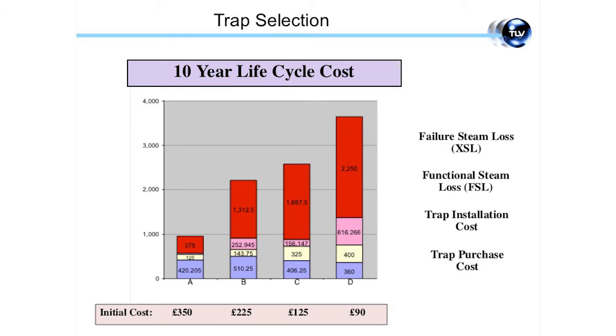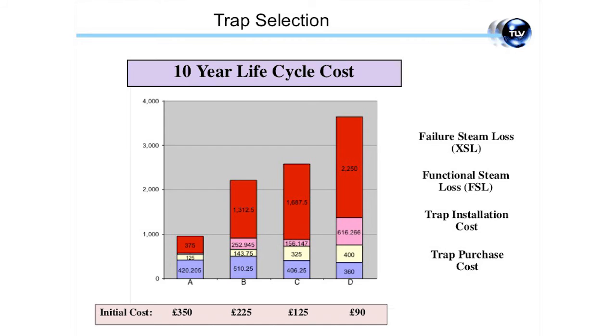If we look over a life cycle cost, what we're trying to show with this graph is that buying a cheap trap is not necessarily the cheapest way of doing things. You can see on the graph, the left-hand most trap is more expensive to buy, but it lasts longer, it has a lower functional steam loss, so over a 10-year cycle, it's actually cheaper than the far right trap, which costs a quarter of the price to buy, but it fails maybe 3 or 4 times in that 10-year cycle.